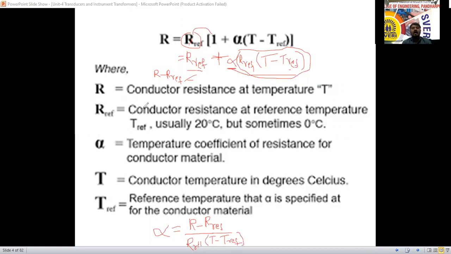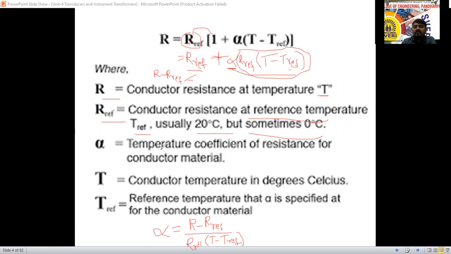Okay, see here, the R is conductor resistance at temperature T degree here. T degree, how much temperature we are going to measure here. And R reference is the conductor resistance at reference temperature, that is called T reference, usually 20 degrees Celsius, but sometimes it is 0 only here. 0 also we can take for this temperature here.